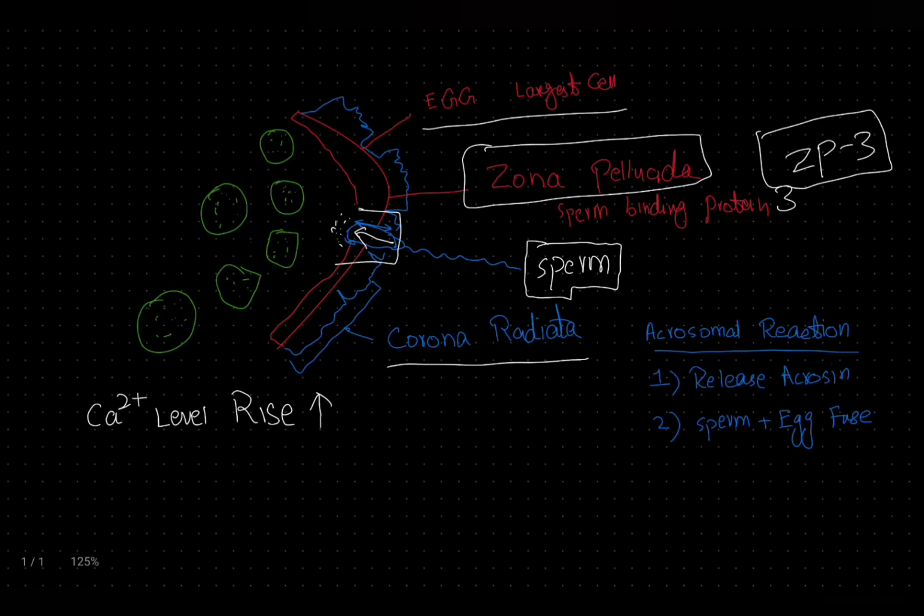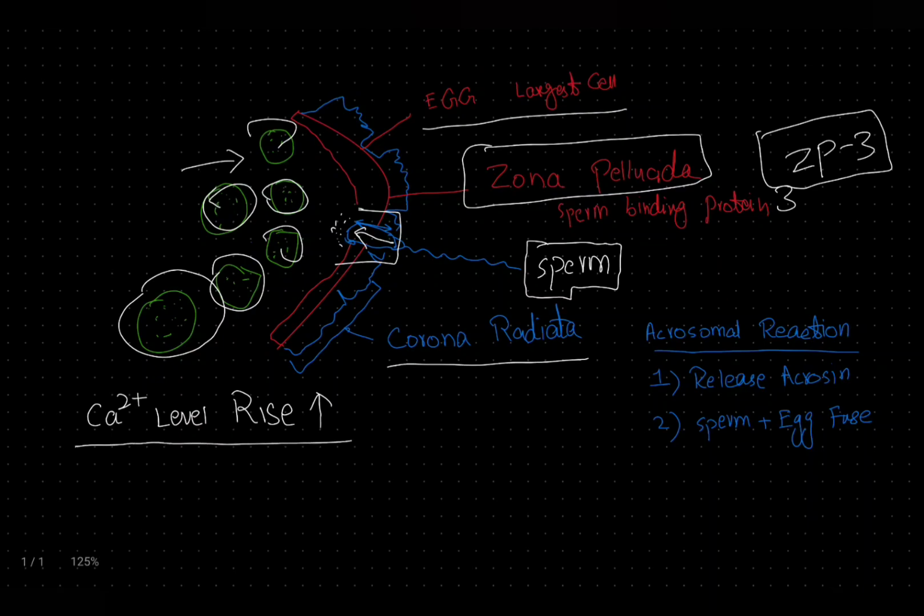The egg cell contains a lot of cortical granules, located inside the cell. These cortical granules are basically bags of enzymes like peroxidases. When the sperm connects with the egg membrane, the calcium level rises, and then the cortical reaction takes place and the granules fuse with the cell membrane.